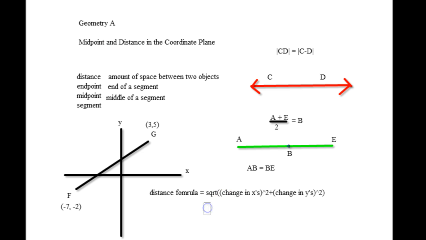Okay, so that's the distance formula, how you work with this. So in this case, it's going to be the square root of 3 minus negative 7, and we're going to square that. We're going to add that with 5 minus negative 2.